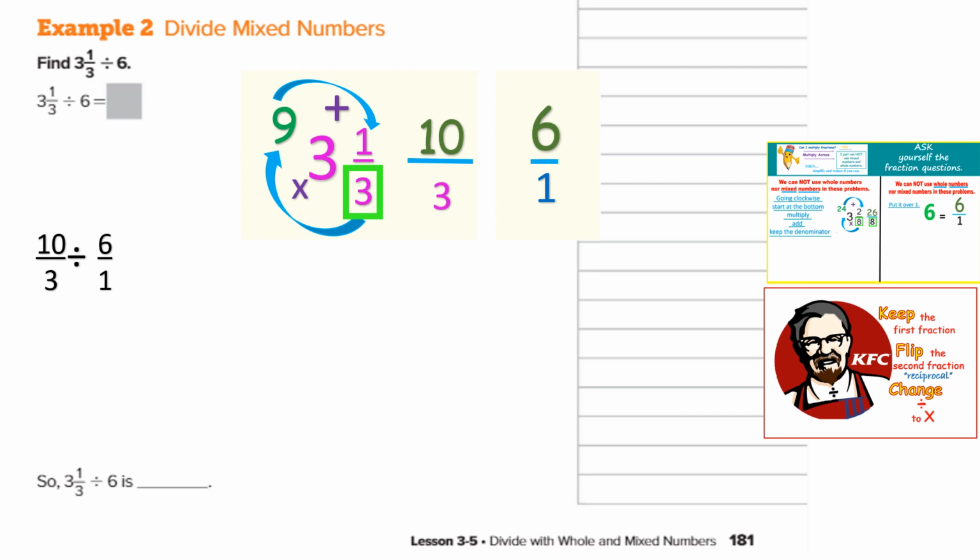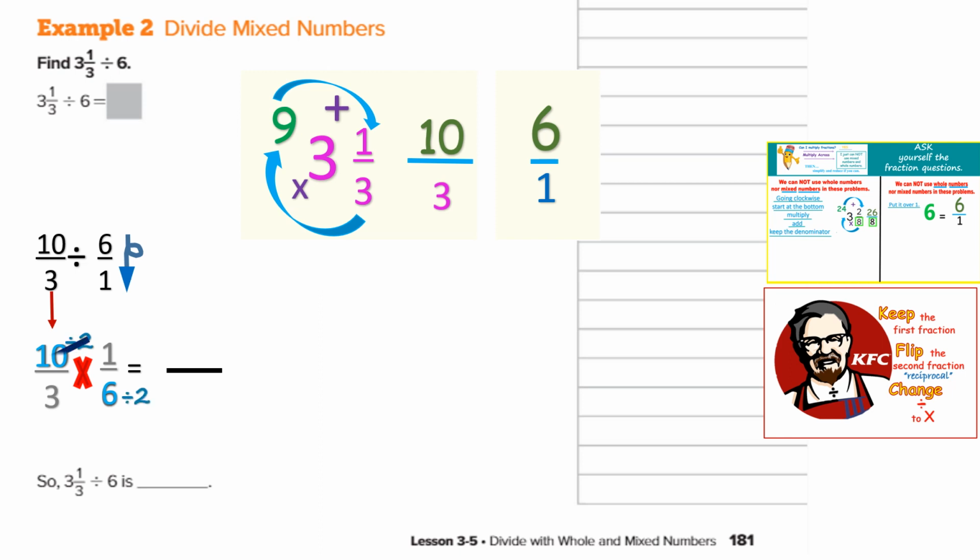So I have 10/3 divided by 6/1, and then I can't divide, so I KFC. I keep my first one, I flip my second one, so the reciprocal is 1/6, and then I change division to multiplication. Can I cross reduce? I can, because 6 and 10 are both even, and therefore I can reduce by 2's.